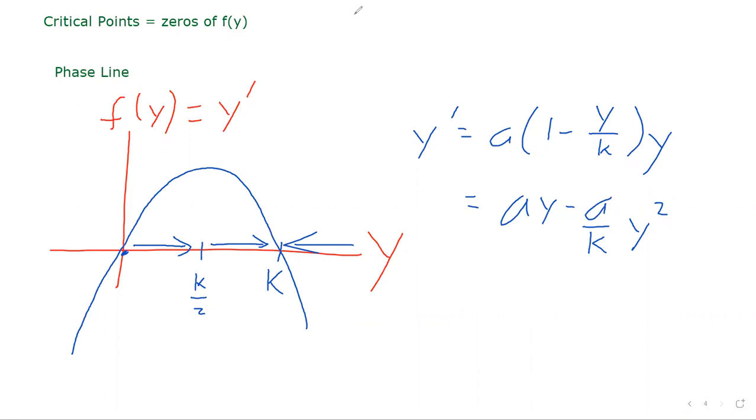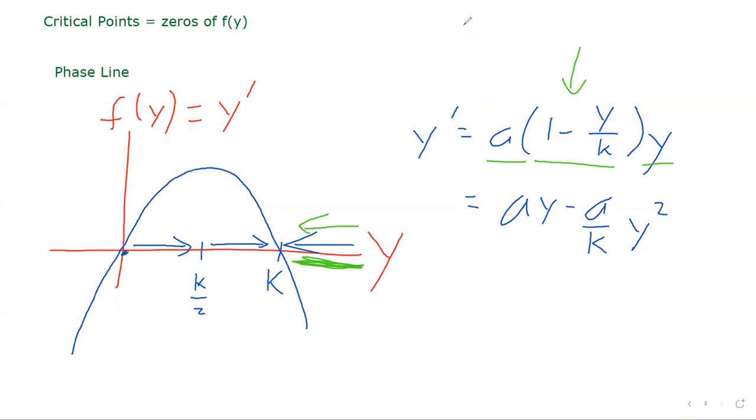So if you look out over here, when we are bigger than k, if you plug that into the equation, it'll be something bigger than k over k, which is bigger than 1. 1 minus something bigger than 1 is negative. That's positive, that's positive. So it's a positive times a negative times a positive, it's all negative. So our dy dt is decreasing. So therefore the y's here should be decreasing, so therefore they're going towards k.